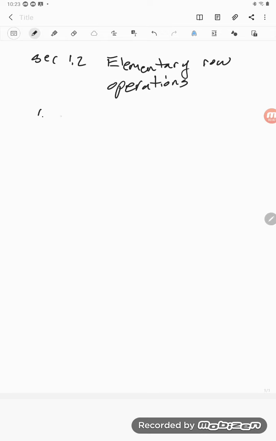One is just interchanging rows. This kind of makes sense: if I interchange rows, then the equations that are represented by a given matrix don't change. So let's take something very simple here.